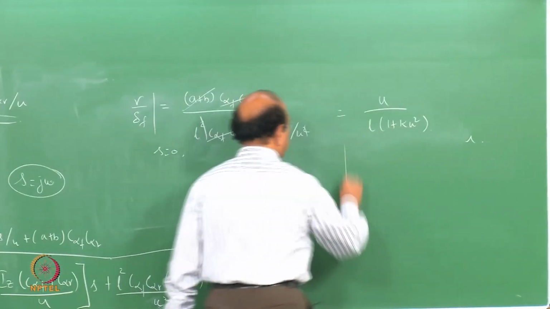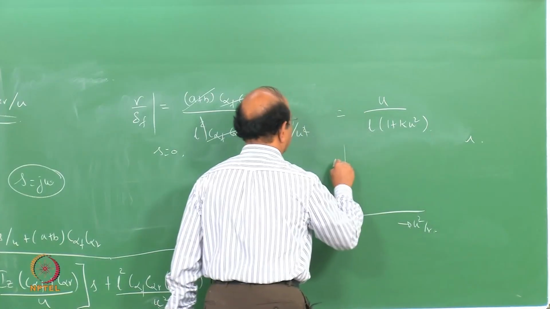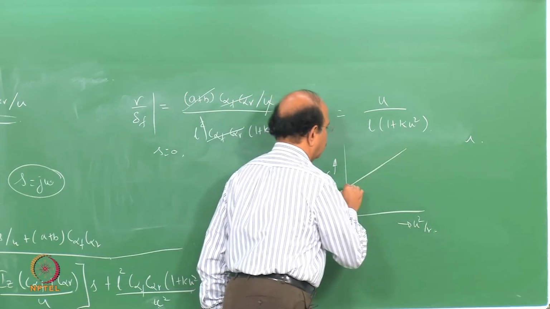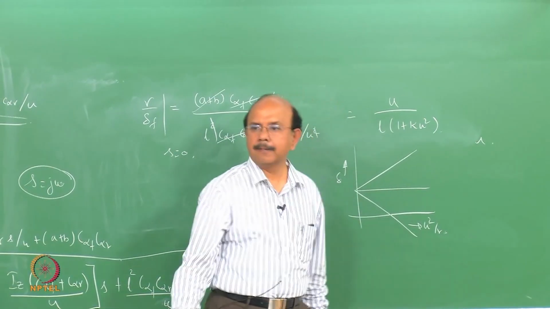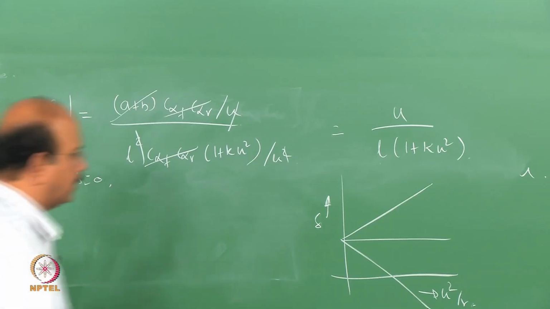Remember that we had drawn it, U squared by R versus delta. The graph was like this, right? So what is this gradient? In other words, what is the slope of this?